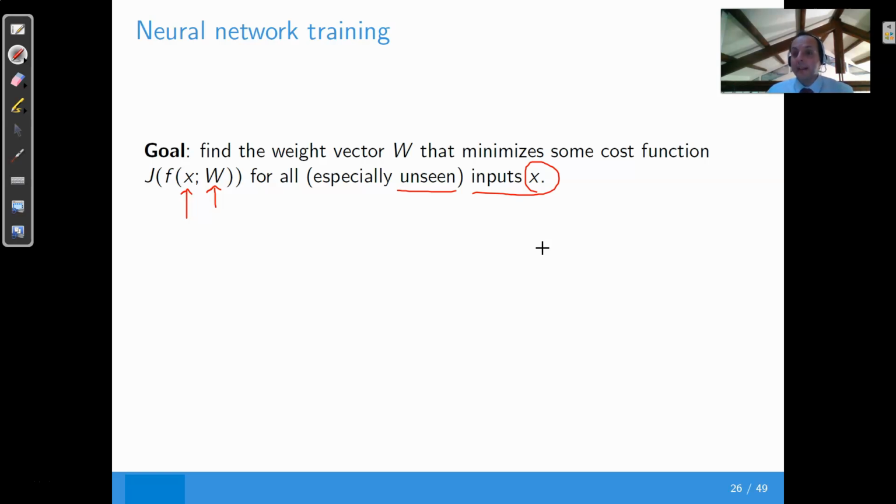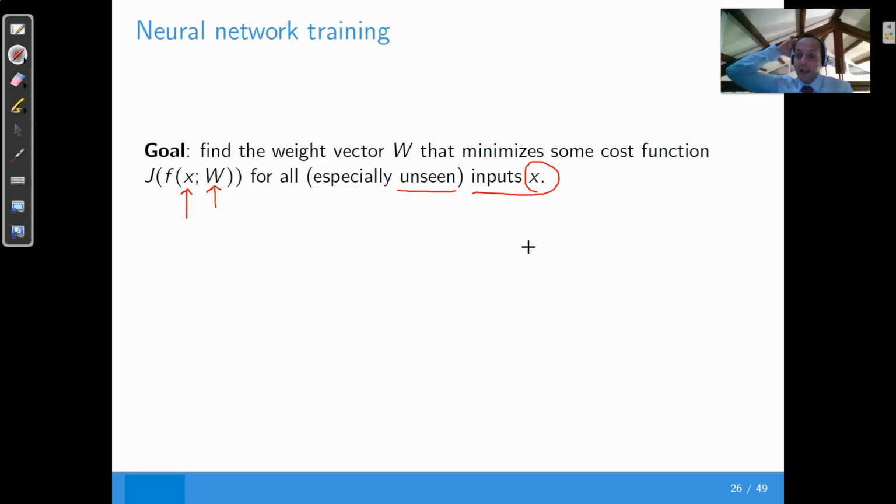But your objective is that the network must be able to give the right or correct result also when you apply some inputs that were not considered during the training.